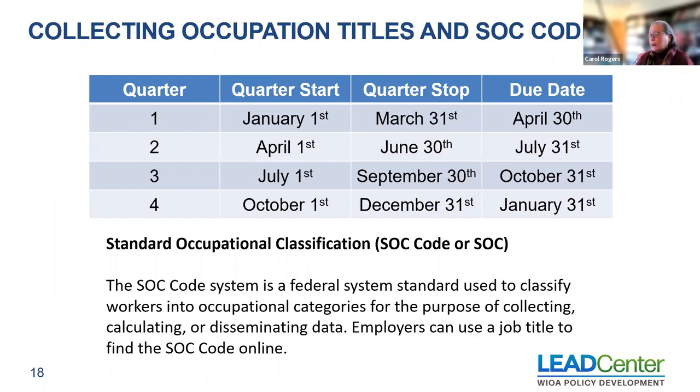And so what I'm showing here is really just that quarterly calendar that they go through, so that every quarter they're submitting this data. And we began doing this in the third quarter of 2019. And we now have over 50% of our employers participating. Next slide.